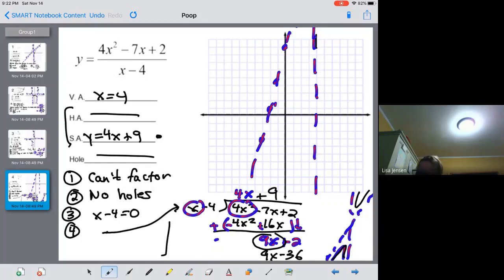So if we went to the left of 4 and the right of 4, if I were to plug in 5, I would get something like 67. So again, it's way up here somewhere. And if I were to plot 3, I get negative 17. So again, way down here somewhere.